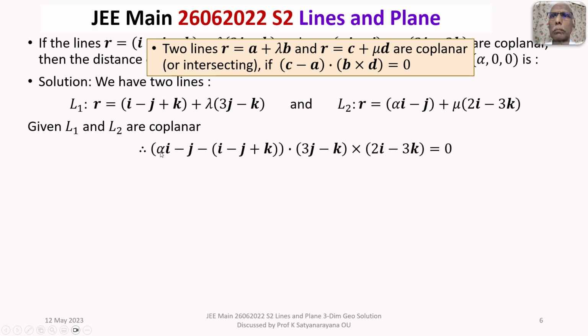c minus a, c is alpha i minus j, minus a, which is minus in brackets i minus j plus k, dot b, that is 3j minus k, cross d, that is 2i minus 3k.